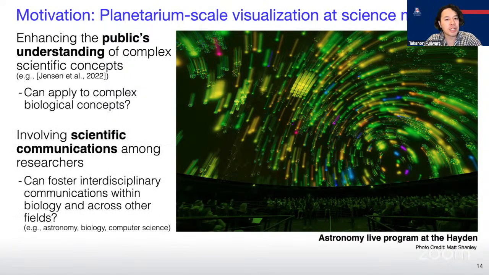In addition, planetariums are very powerful environments to gather scientists and share their knowledge to develop attractive shows and so on. By opening opportunities to use planetarium environments for not only astronomers but also biologists and computer scientists, we aim to foster interdisciplinary communication within the biology field or even across other fields.